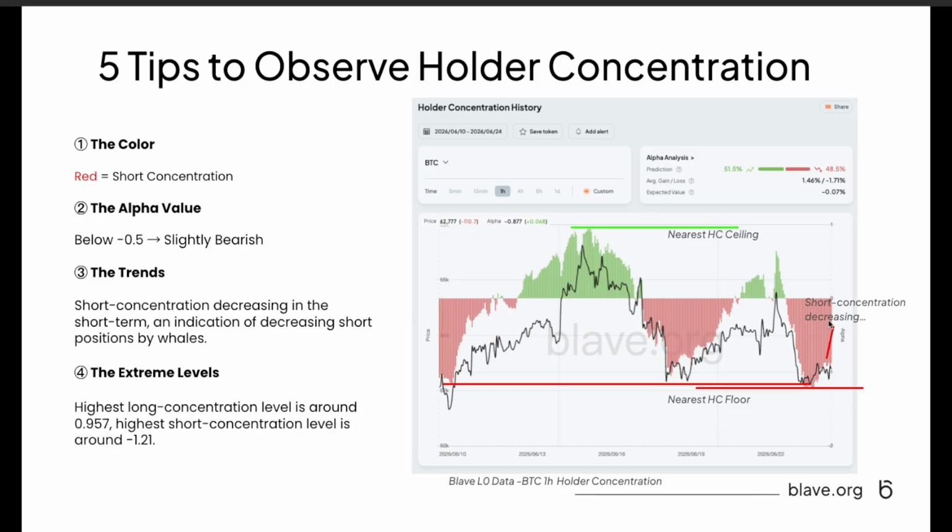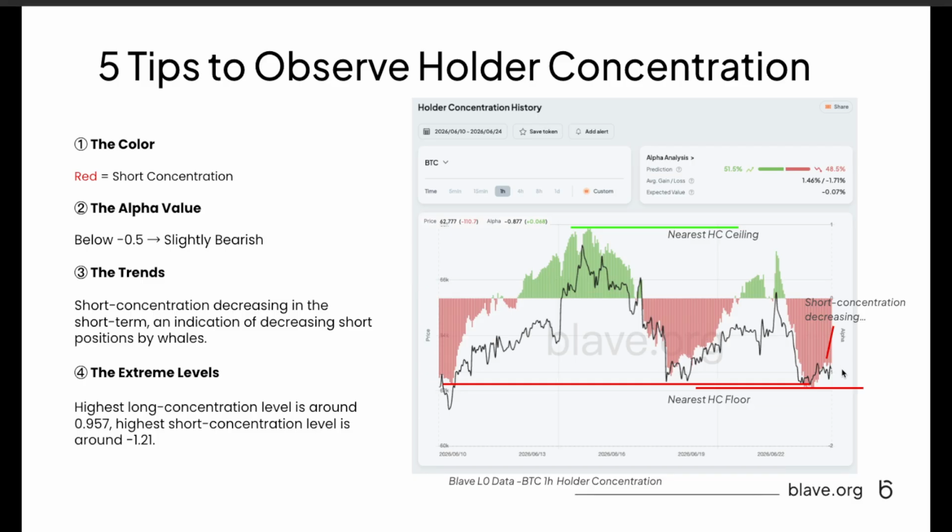The current data shows Bitcoin is under short concentration, and the alpha value is below minus 0.5, so it's slightly bearish. And in the short term, the short concentration is decreasing, which could be an indication that traders are closing their short positions when price drops to the current price level.